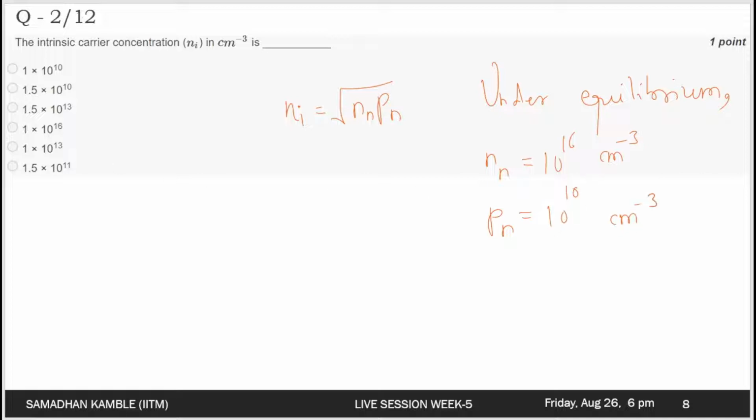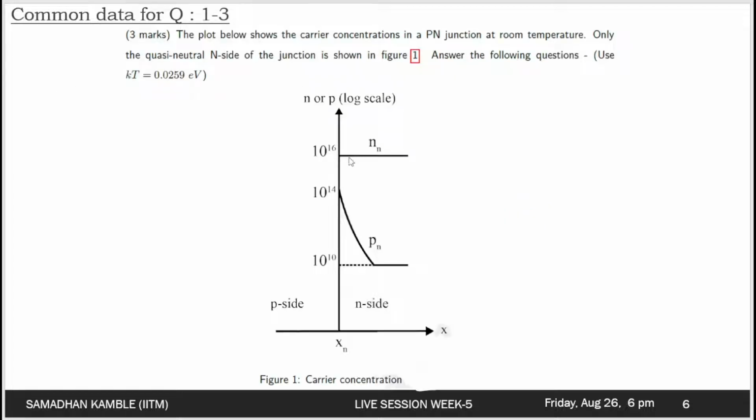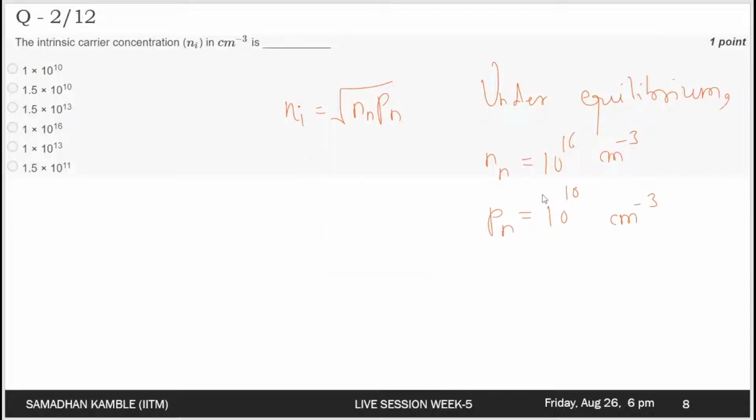As you can see in the figure, the concentrations Nn and Pn in the equilibrium condition are given. If you substitute these values here, we get Ni as the square root of 10 to the power 26, that is 1 into 10 to the power 13 per centimeter cube.